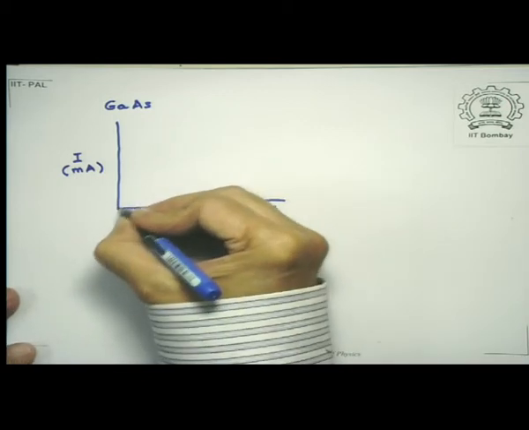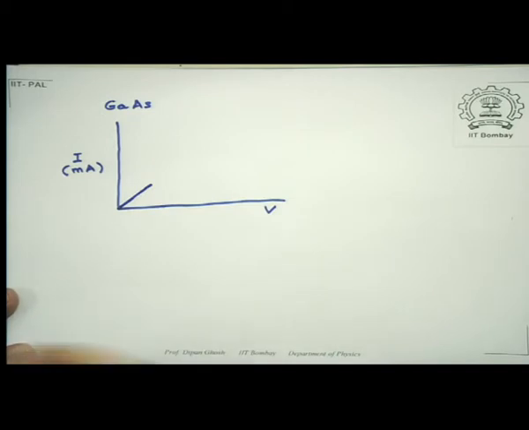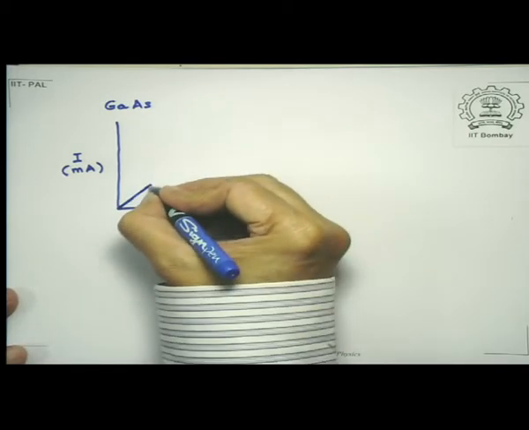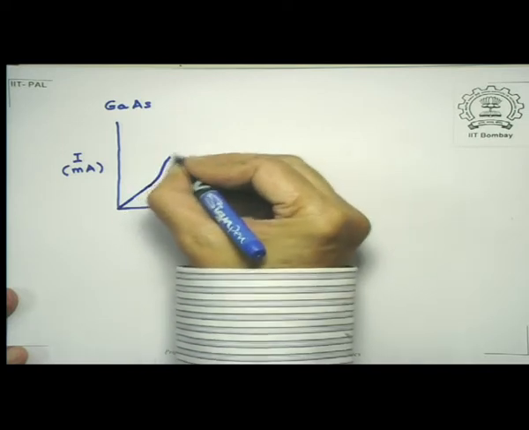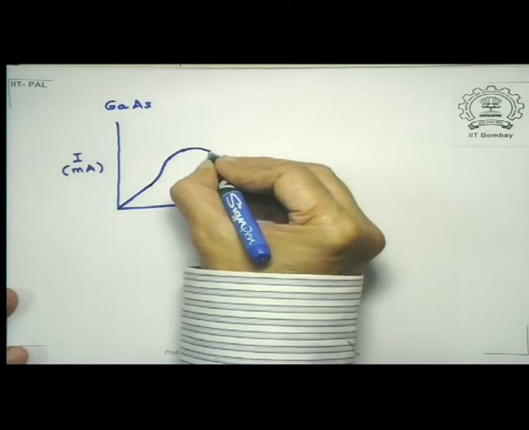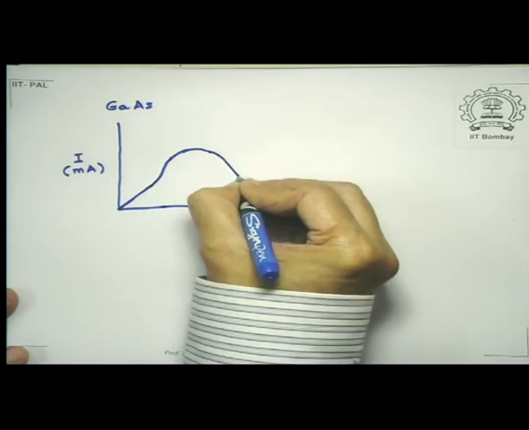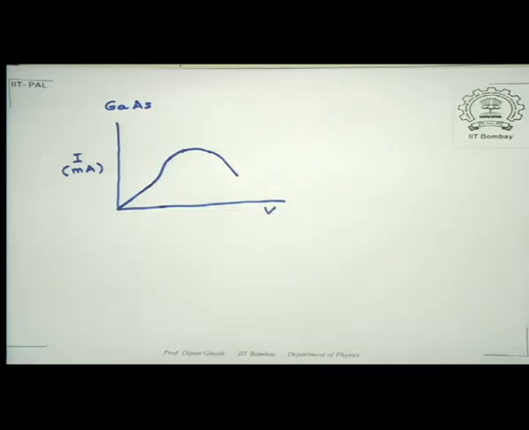It starts with a linear, rather ohmic relation, and then there is a departure from the linearity and it passes through a maximum, and at some stage something interesting happens, it starts bending down. So let's look at that picture a little more carefully.